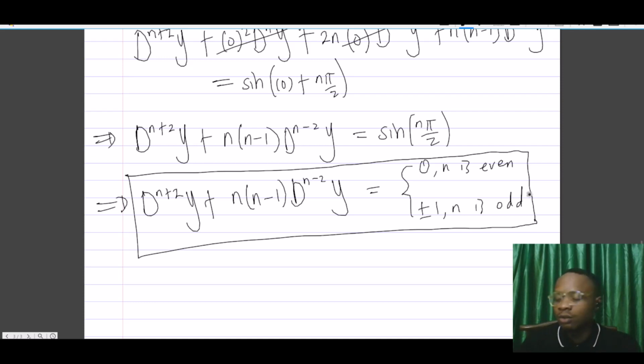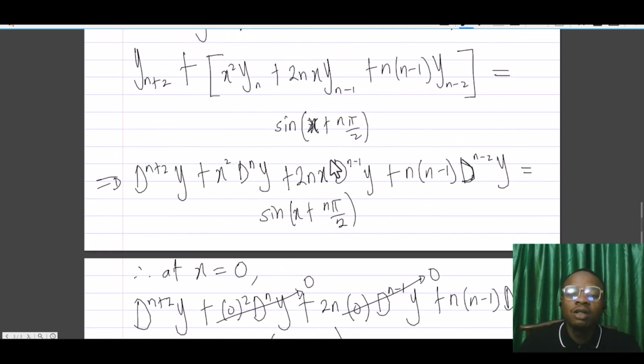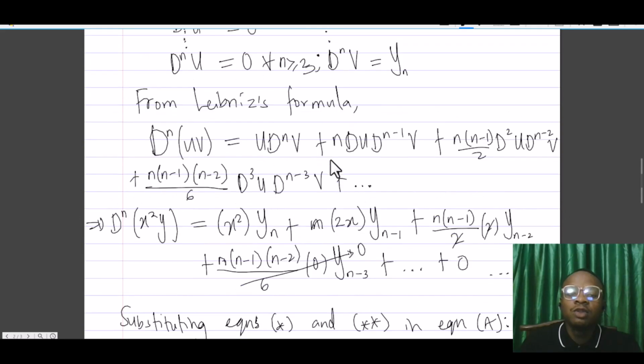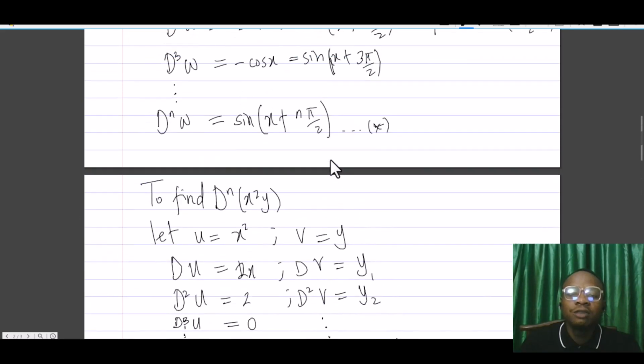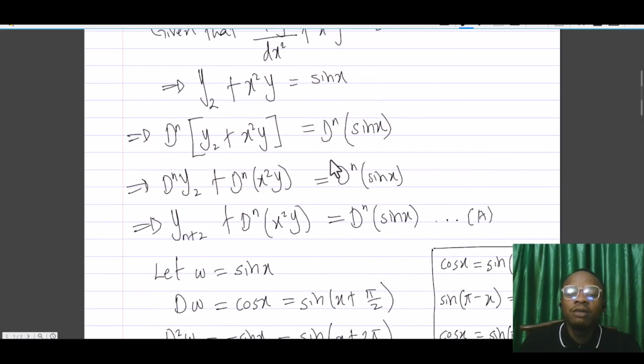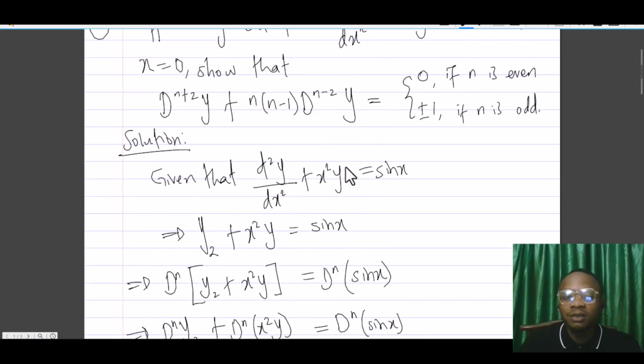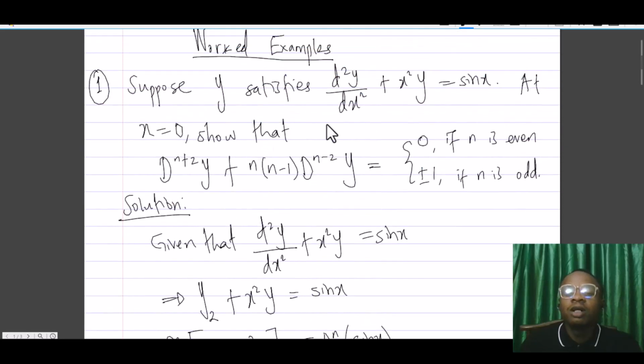We have seen the different patterns of questions you may come across under this topic. You may be given a function, say y equal to tan inverse of x, like we saw in the last example, where we had to obtain a relationship from the definition of the function itself.